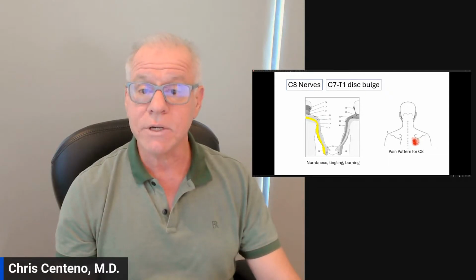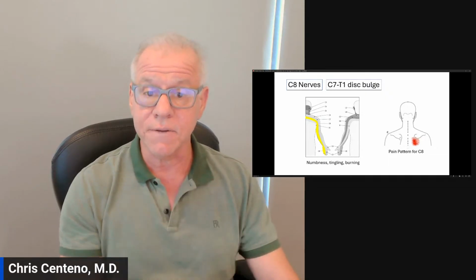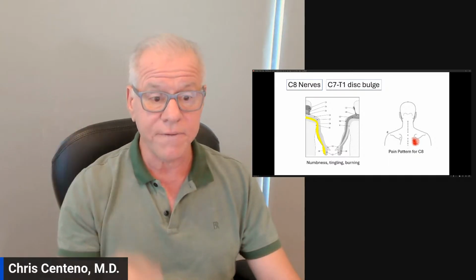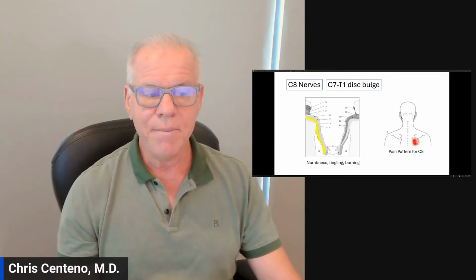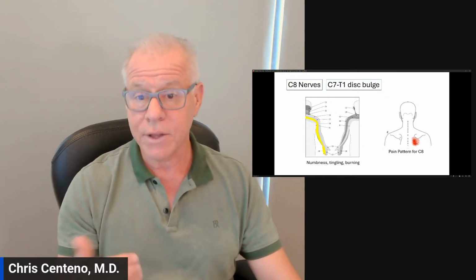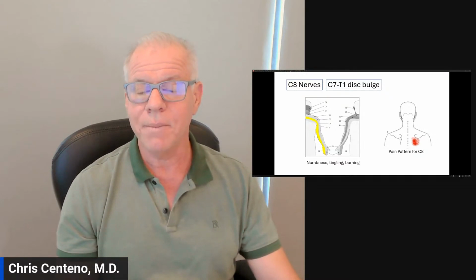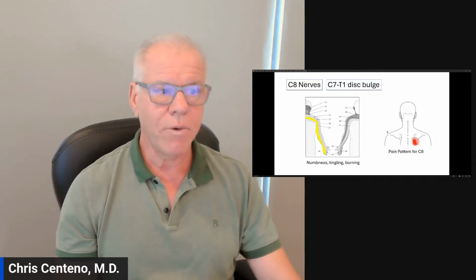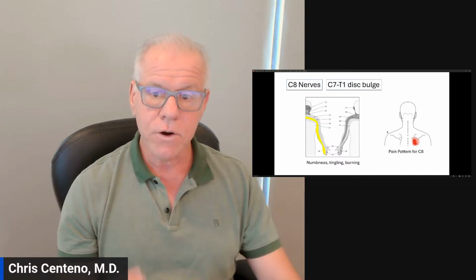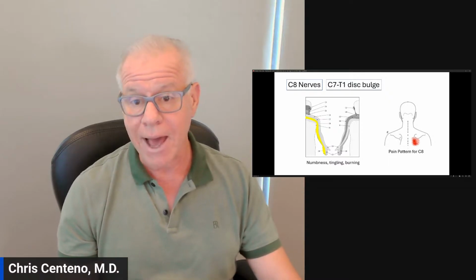Now notice, now we're talking about going from the neck to the little finger. Doesn't have to travel from the neck to the little finger, could just be the little finger. And you can see the pain pattern there for C8 now looks kind of lower down in the rhomboid area. So interesting one again, this whole lower neck tends to refer symptoms into that upper back.